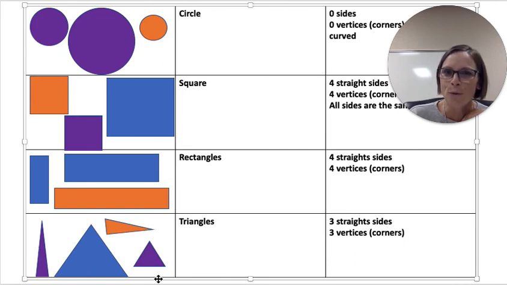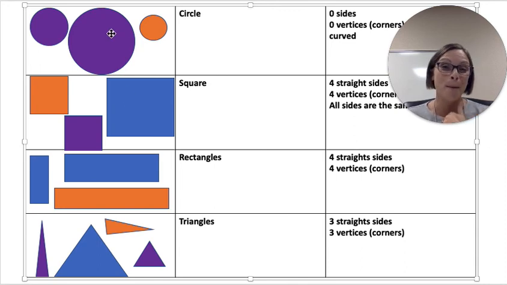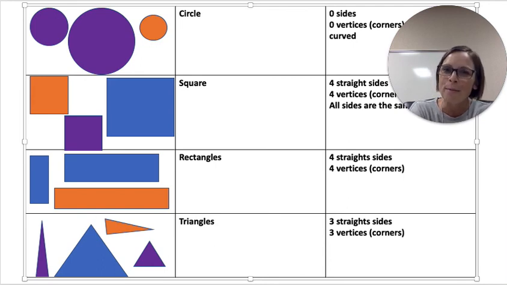I see 4. What could we say about the triangles compared to the rectangles, the squares, and the circles? Are there more of them or less of them or fewer? Yes, there's more of them because there are 4 of them, and there are only 3 rectangles, 3 squares, and 3 circles.